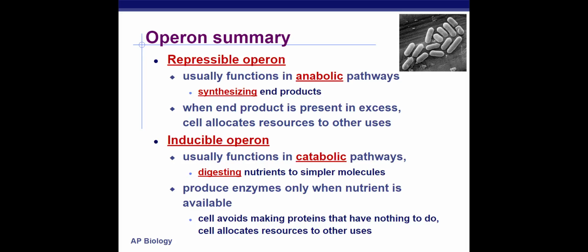So it's not until it is around. Prokaryotes really need to be able to react quickly, and so these repressible and inducible operons work well for that. Something's present, turn it on, get energy from it and make all those enzymes.